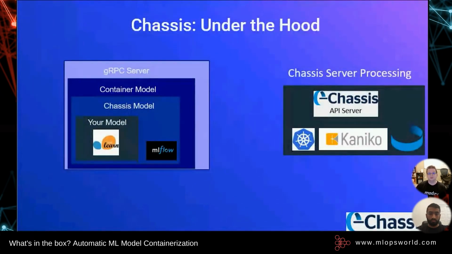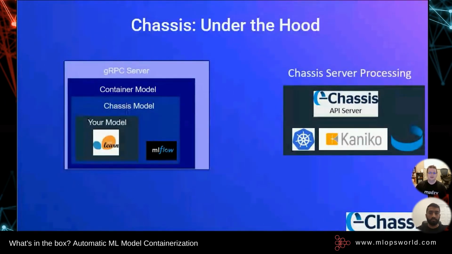Once that's been built inside of Chassis service, we leverage a piece of software called Kaniko. Kaniko, if you're not familiar with it, is a Google open source project, and its basic job is to build Docker containers inside of a Docker container. And to do it in a secure way that doesn't expose things like the Docker socket sitting inside of the kernel.